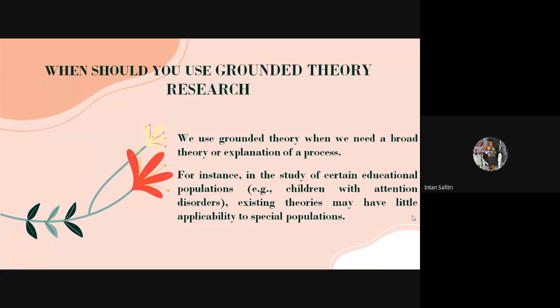And here, when should you use grounded theory research? We use grounded theory when we need a broad theory to explain a process. Grounded theory generates a theory when existing theories do not address your problem or the participants that you plan to study.